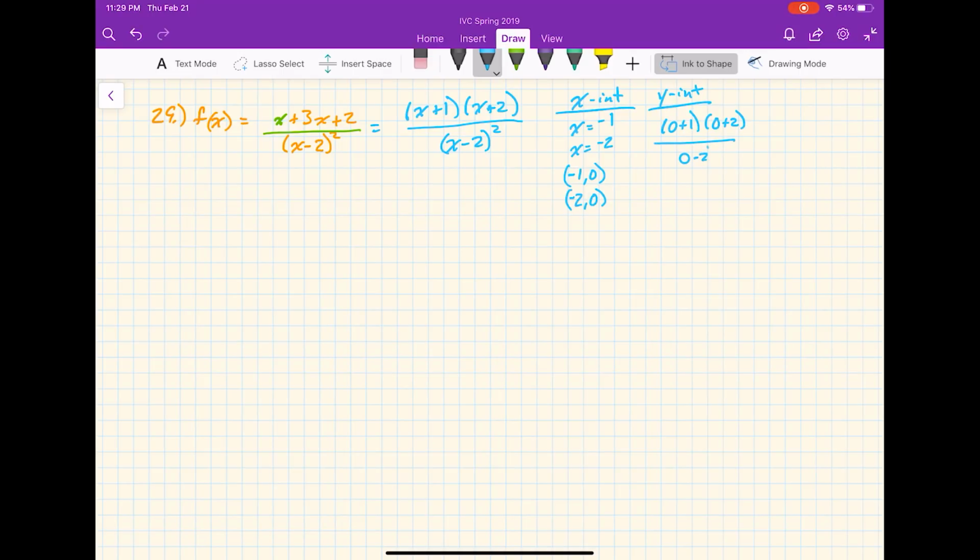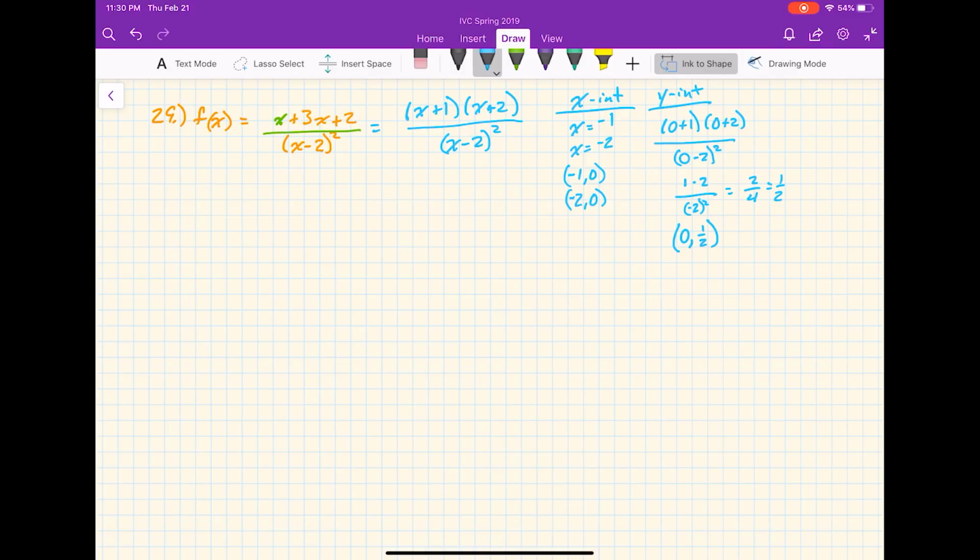So we'll end up with 1 times 2 over -2 squared. Yeah, this will be -2 squared. So that is going to be 2 over 4, which is 1/2. So for x of 0, we get 1/2 for y. So our y-intercept is 0, 1/2.